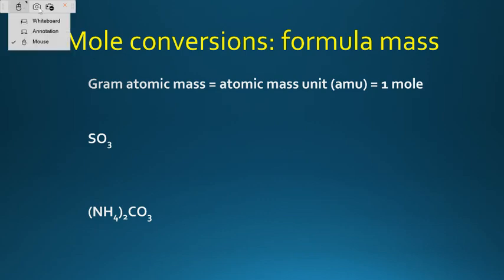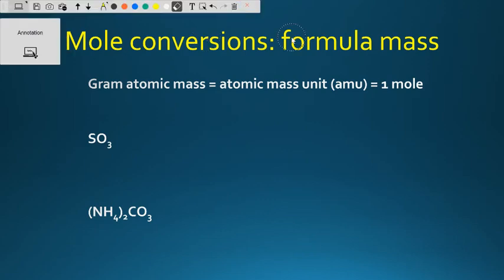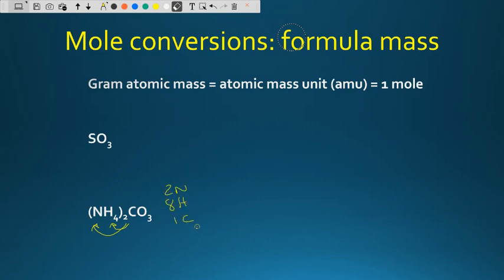Now, we'll certainly get more complex with this, and the next level would be then distributing. When we see something like ammonium carbonate, this gets a little bit tricky. I see a parentheses here, which means mathematically I'm going to distribute that 2 to the nitrogen as well as the hydrogen. And so I have 2 nitrogens, I have 8 hydrogens, I have 1 carbon, and I have 3 oxygens. Nitrogen has a mass of 14. This is 1. This is 12.